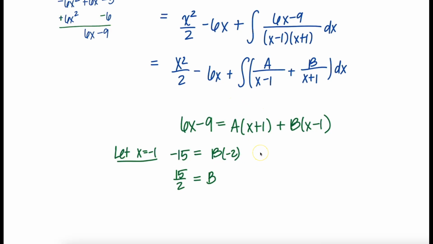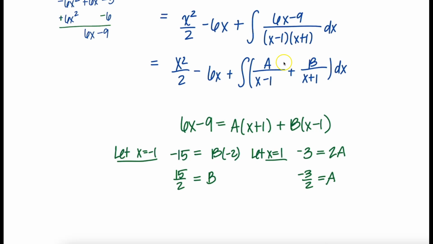And then I'm going to let x equal +1. And so 6 minus 9, that's -3, is equal to 2a. So if I plug in +1 here, I get just 2a. So divide by 2, I get a equals -3/2.